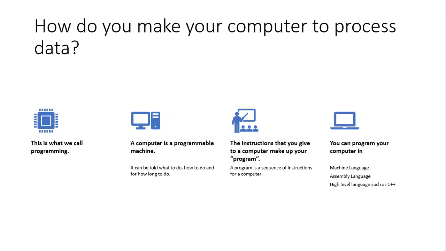I hope you do. Sorry. How do you make your computer process data? Okay, so making your computer process data is called programming. Programming is basically asking your computer to do things for you, or giving instructions to your computer to do things for you. This is what we call programming.